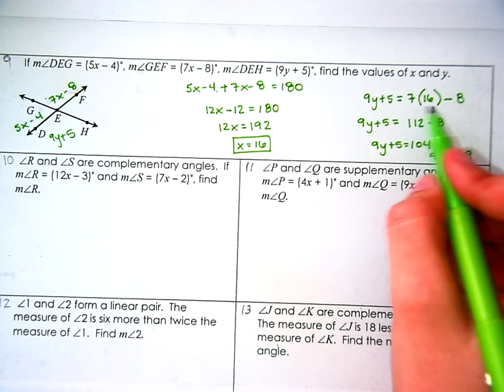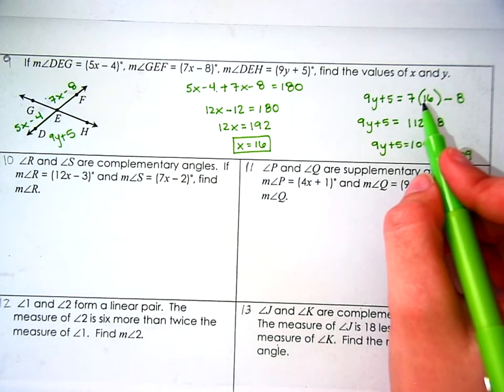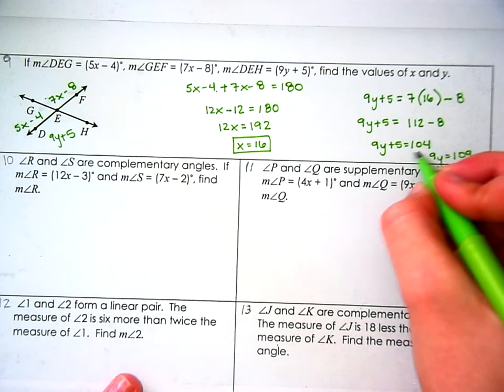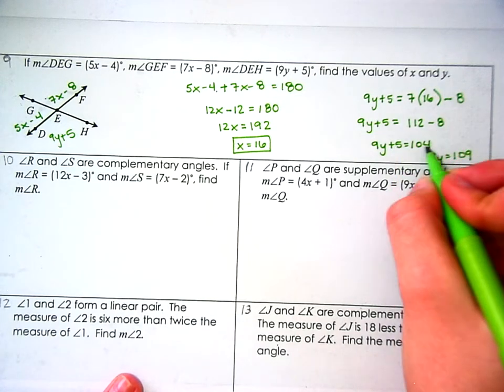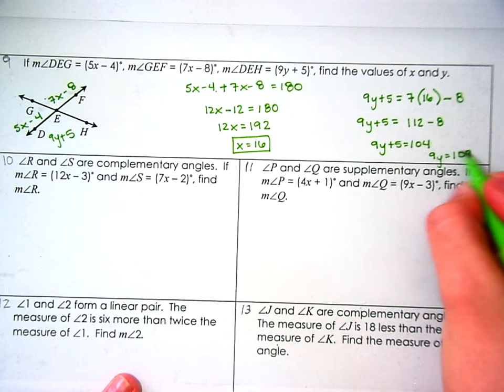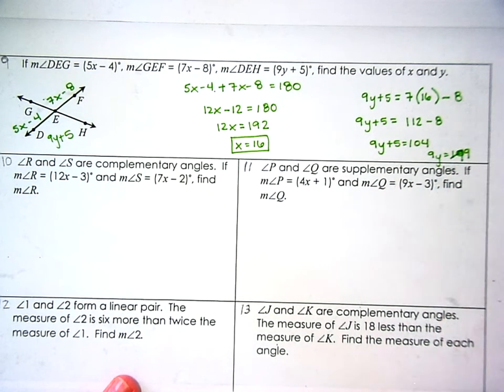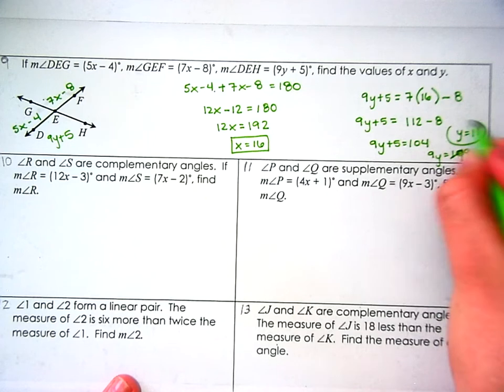Yep. And then let's see what happened here. So if I do 7 times 16 minus 8. There's where we made our mistake. We were supposed to subtract 5. So this is not going to be 109. This is going to be 99. And that makes y 11.